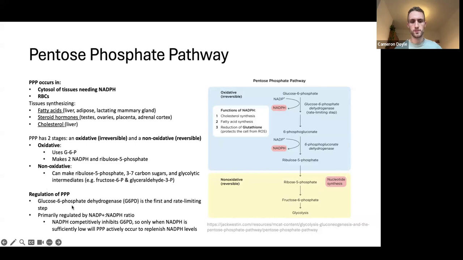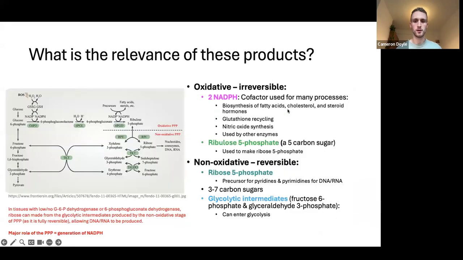The pentose phosphate pathway has two stages, oxidative and non-oxidative. It's regulated, and its rate limiting step is the first enzyme in the pathway, glucose 6-phosphate dehydrogenase. Glucose 6-phosphate comes from glycolysis, so this is an offshoot of the glycolytic pathway. So what's the relevance of these products?